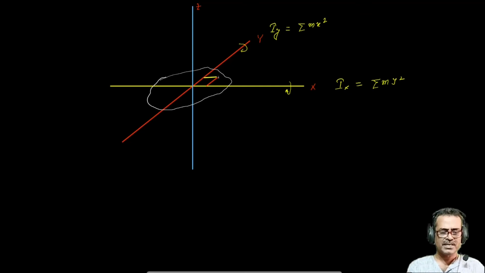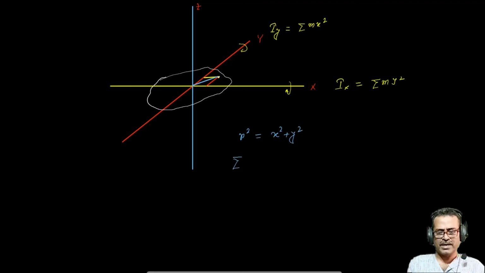Now what will be the distance of this point from the z axis? This is the distance of the point from the z axis. This is parallel to the y axis and this is parallel to the x axis, so they are perpendicular to each other. So this is a right angle triangle of which r, the distance from the z axis, is the hypotenuse. So r square is x square plus y square.